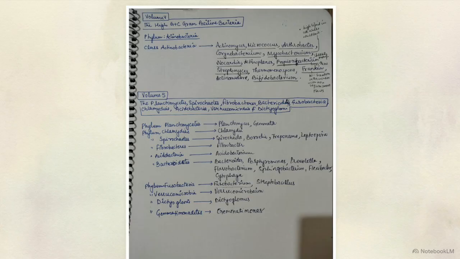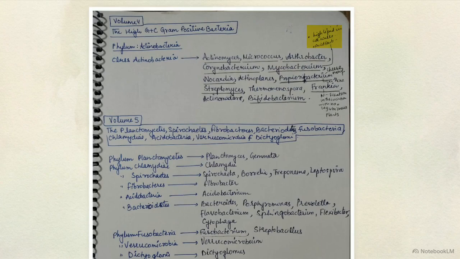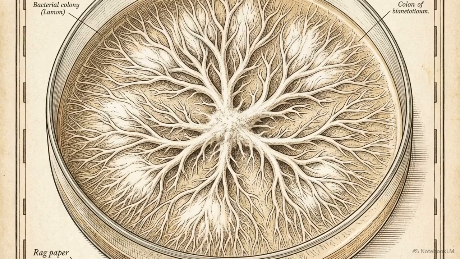On this page detailing Volume 4, Mycobacterium stands out. It is classified here by the high lipid content in its cell walls, which results in its unique acid-fast staining properties.